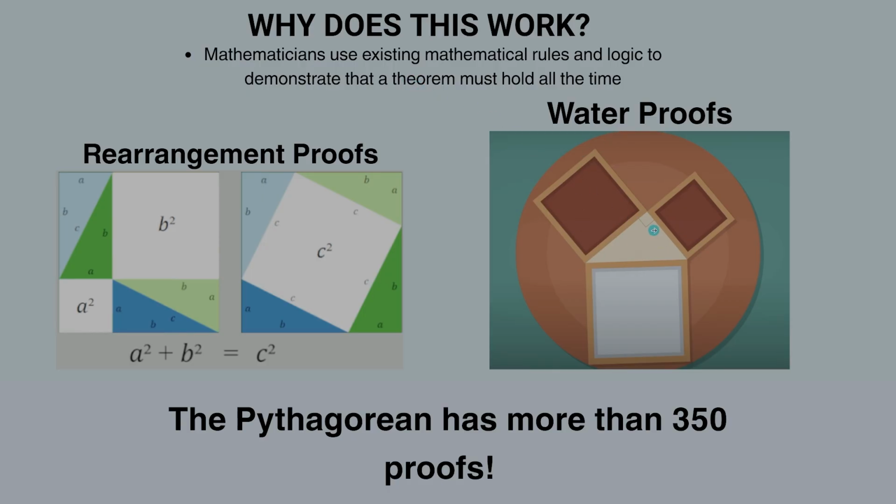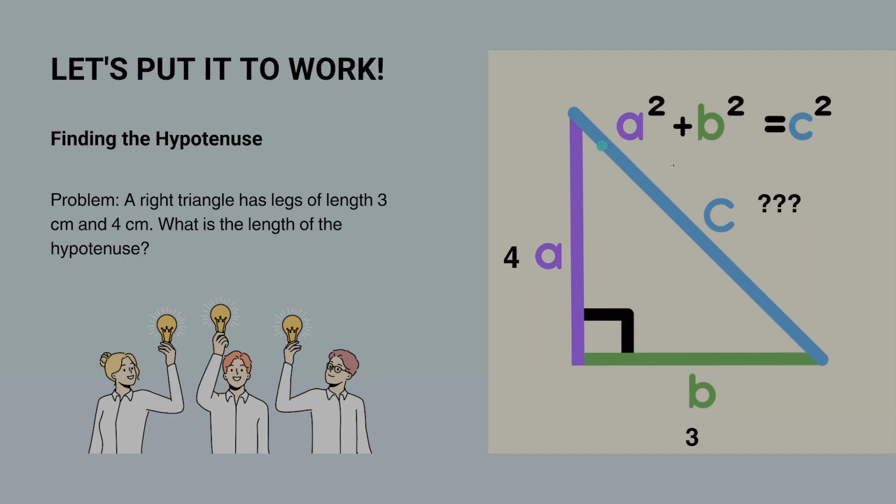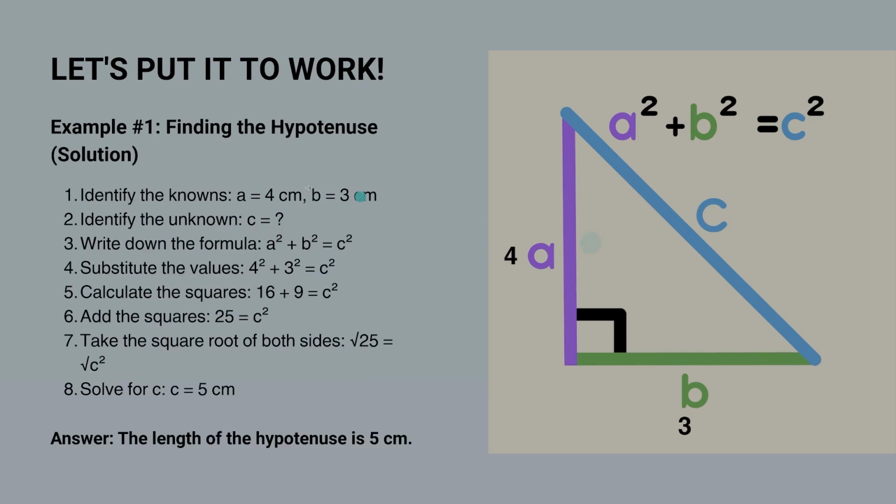Okay, what else do we have? Let's put it to work. We have a triangle with sides 4 and 3. Our problem is to solve for C. If we apply the theorem, 4 is A, so by substitution you get 4 squared plus 3 squared equals C squared.